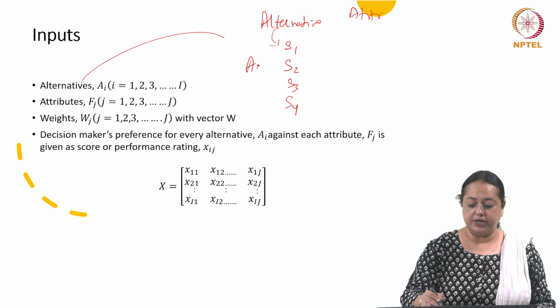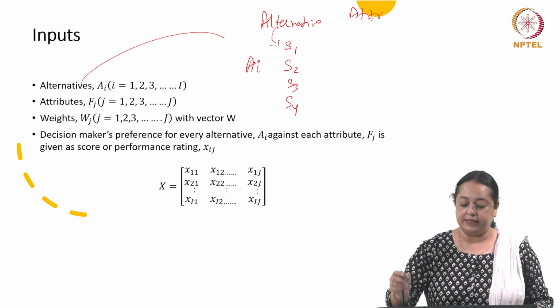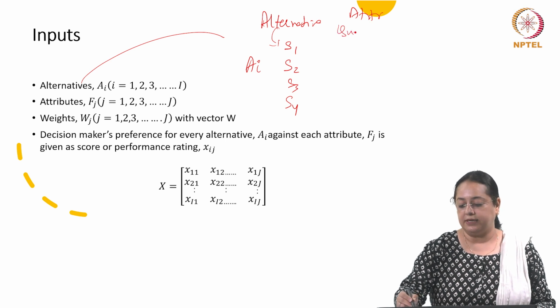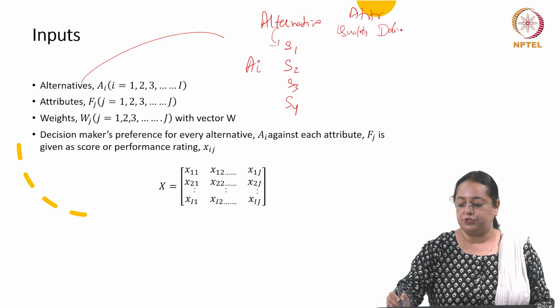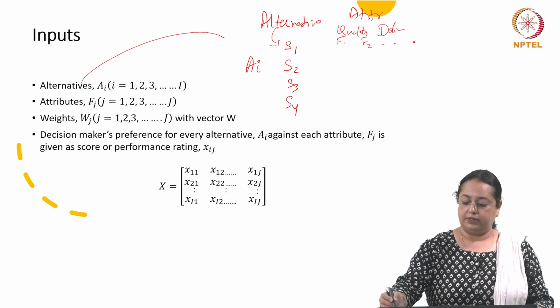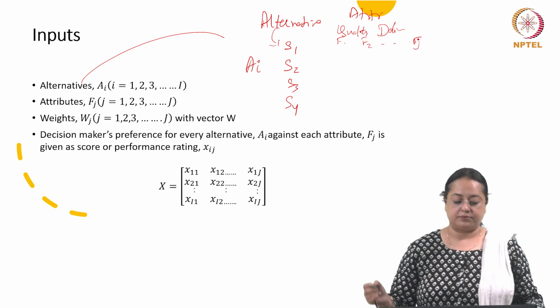This is our A, and these are the attributes. Attributes can be quality, delivery, and so on, up to J.